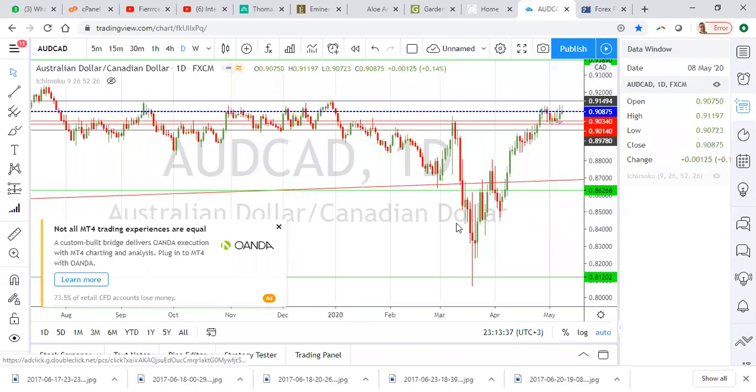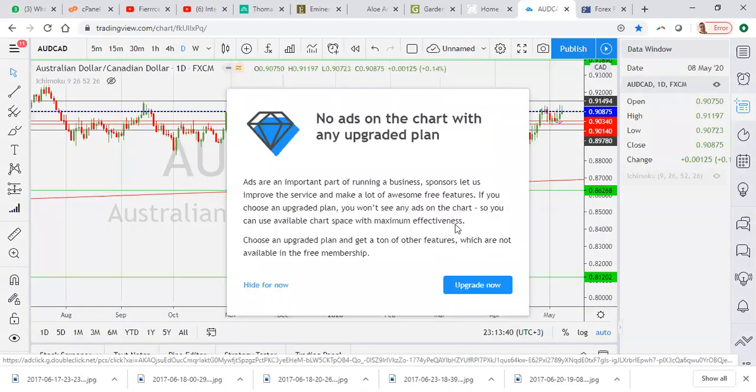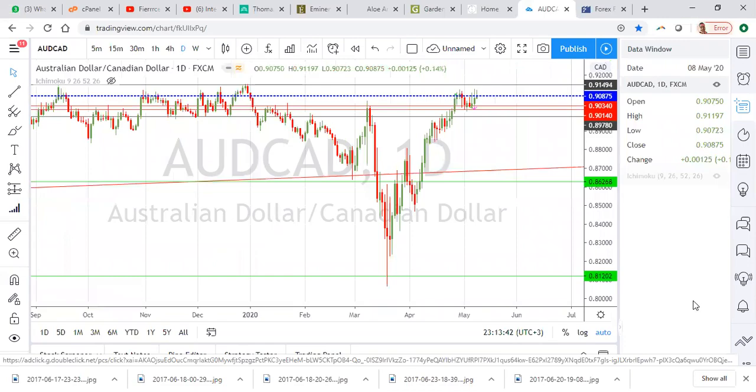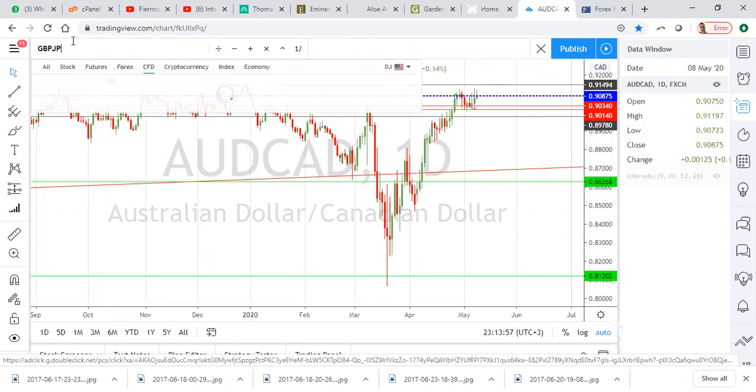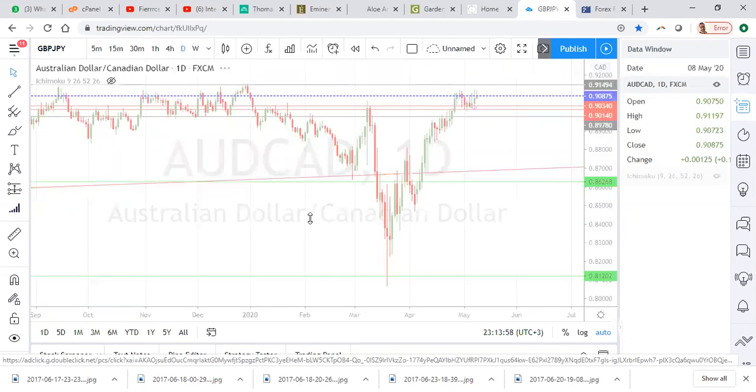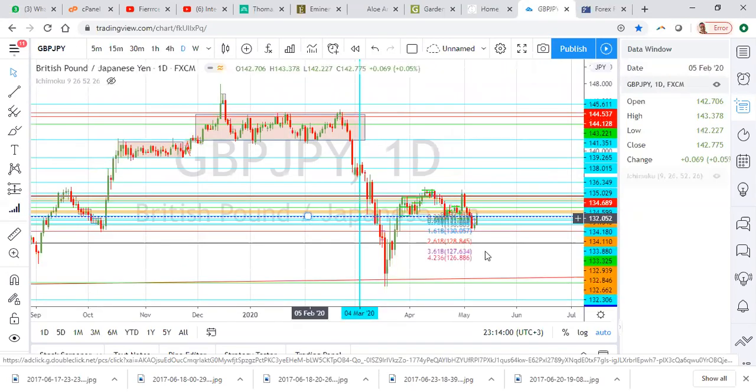What I also want to do, hopefully my internet will behave today, is use TradingView to analyze my charts. I'm going to quickly go through currency pairs. As you can see, I've already analyzed most pairs. If I look at the major pairs, I've already drawn my lines.